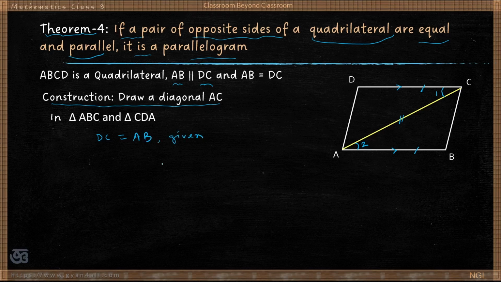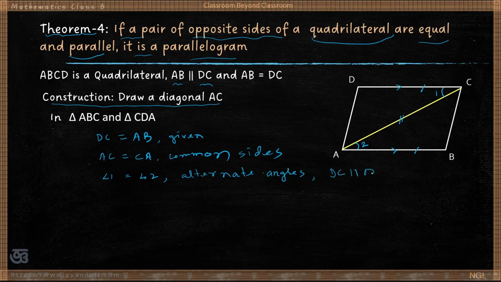And again AC is equal to CA because they are common sides to both the triangles, and angle 1 is equal to angle 2, so they are again alternate angles, because DC is parallel to AB and CA is a transversal.